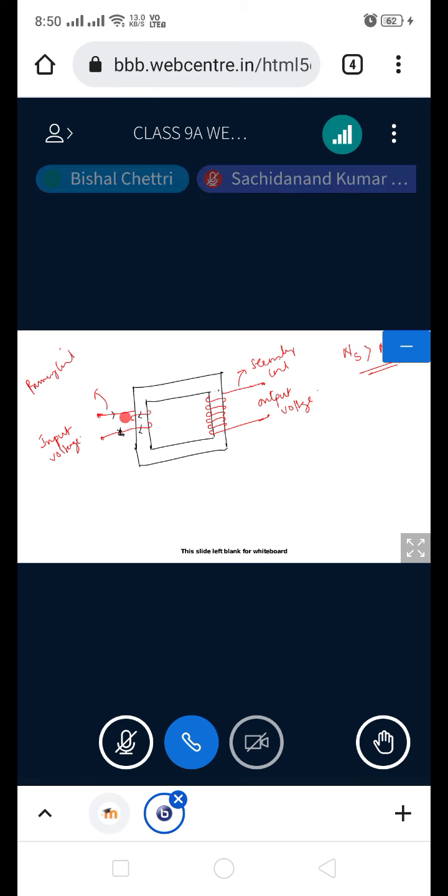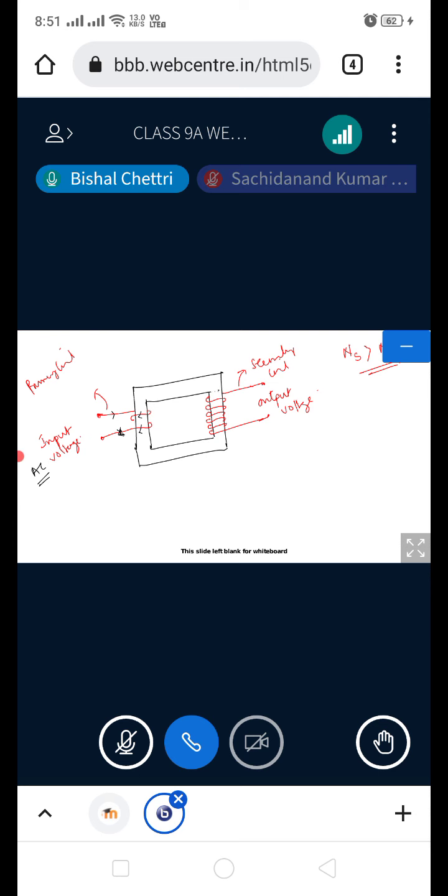Magnetic field. That is why, if you remember, I'm saying input AC voltage. Yes or no? Yes, sir. Input AC voltage.